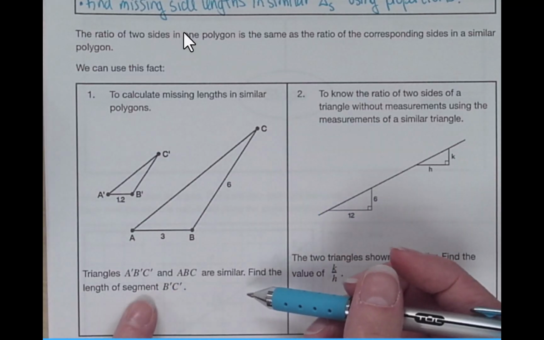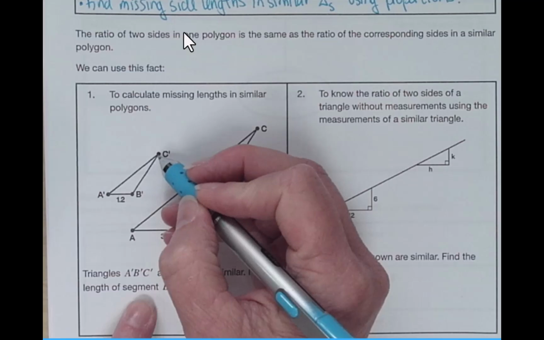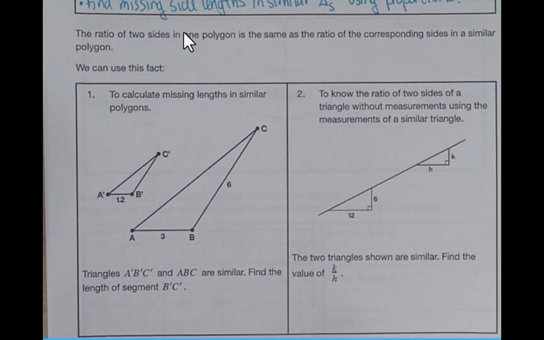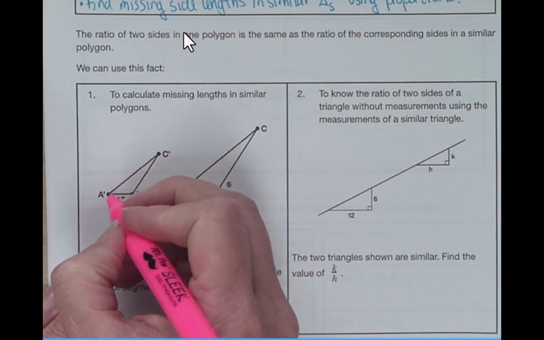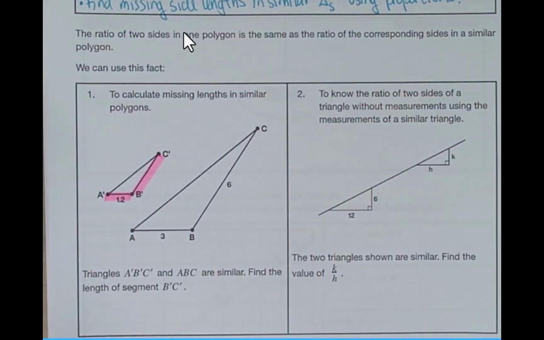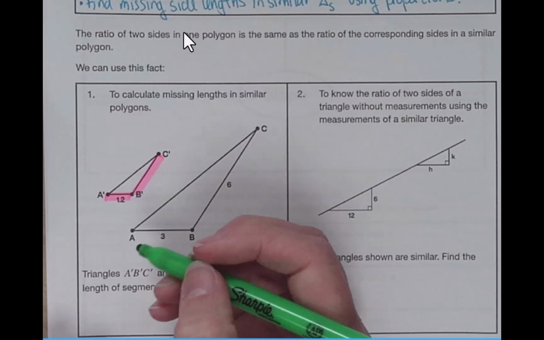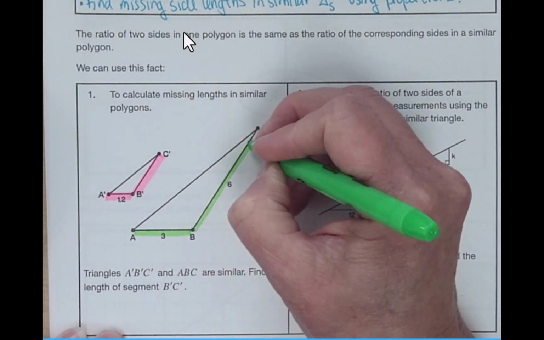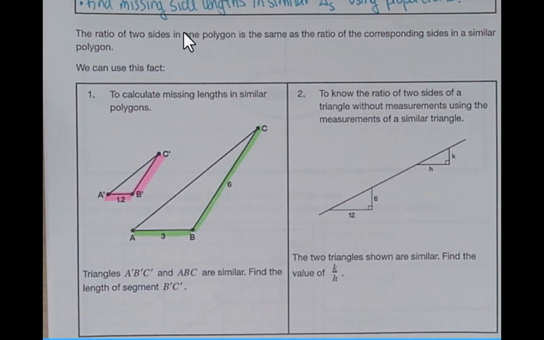If we want to find the length of this side, we can use the fact that the ratios of corresponding sides have to be the same. So the ratio of this side to this side is going to be the same as the ratio of this side to this side. We just have to set up our proportion carefully.